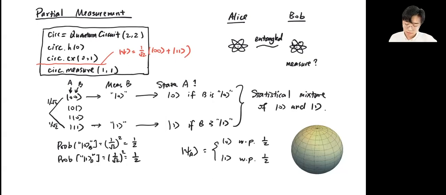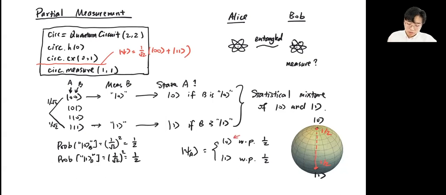If we locate these 2 points, namely 0 and 1, on the Bloch sphere, it sounds like we are a mixture of these two states, each with probability 1/2.